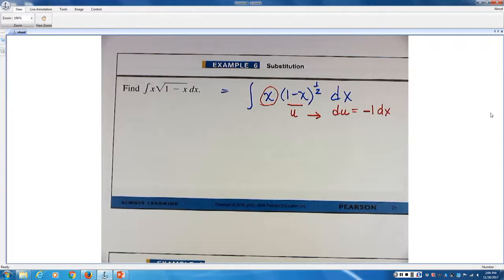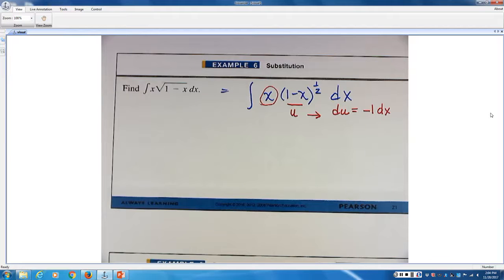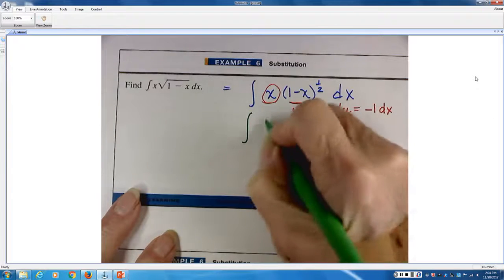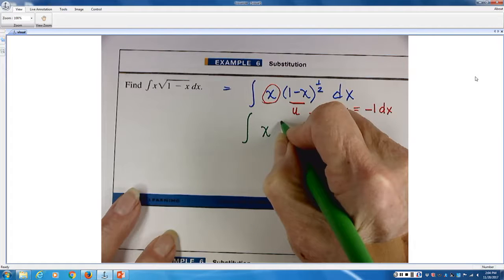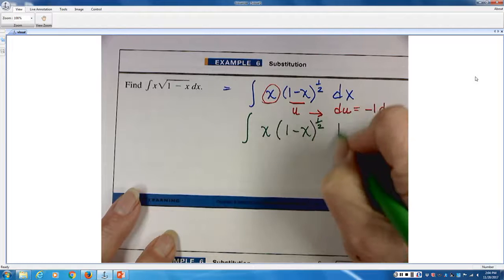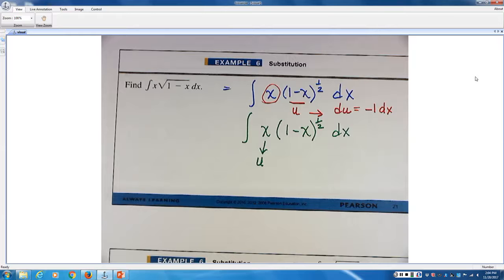Now there's one other possibility. We could choose, since f of x equals x, that's a function. y equals x is a function. So maybe we let x be u. Let's try a different approach. So we'll let that be u.